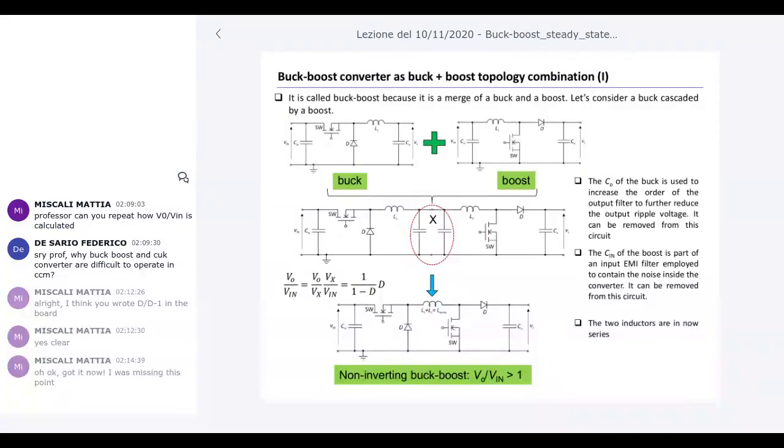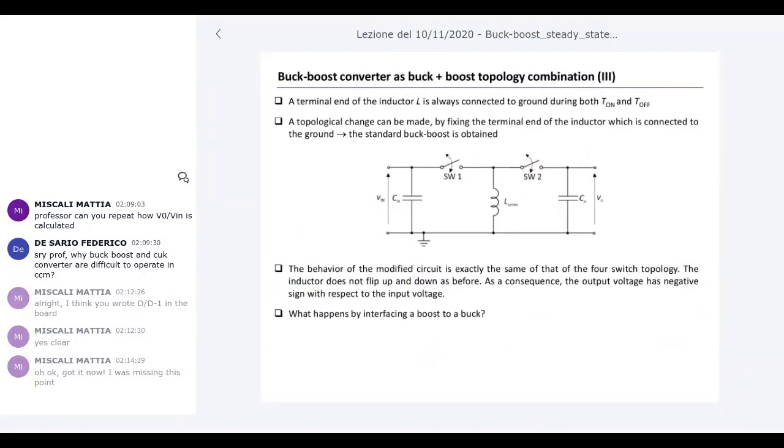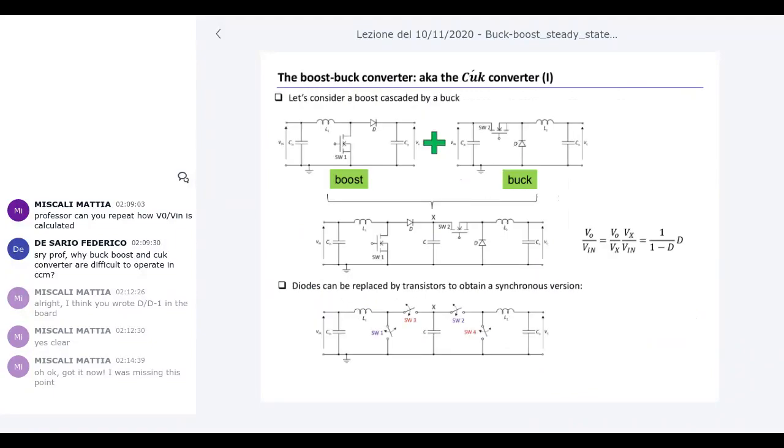Okay, Mattia Miscali, can you repeat how V0 over Vin is calculated? V0 over Vin in the Chuk converter is computed simply as the product of the conversion ratio of the two converters that are connected in series.